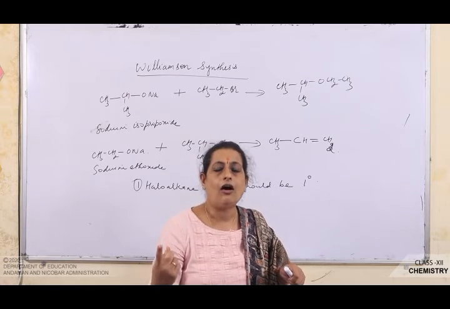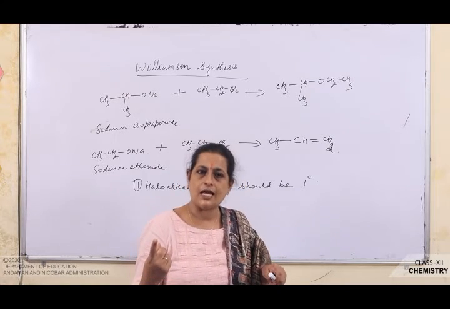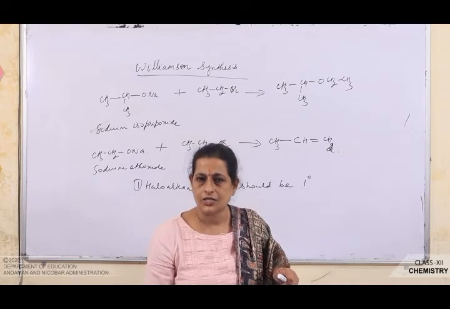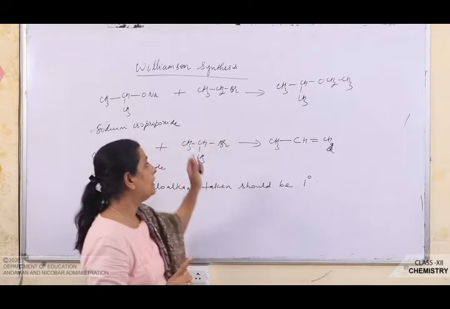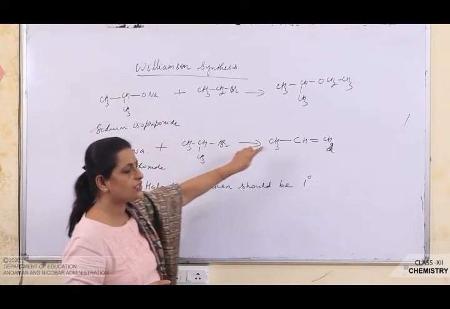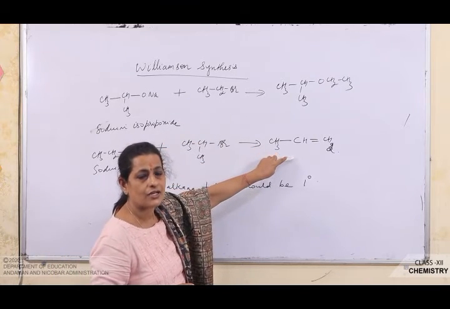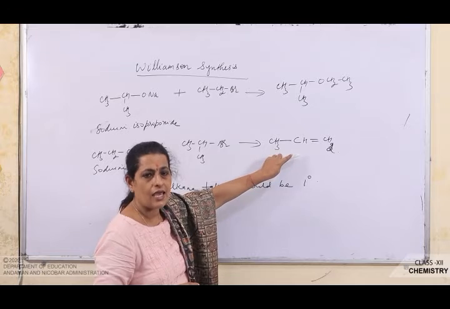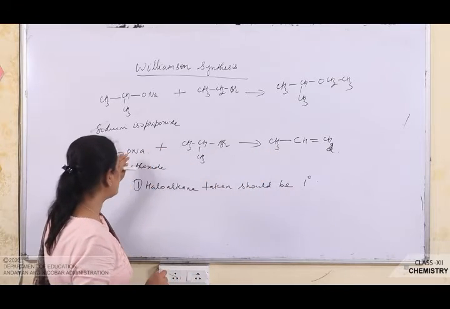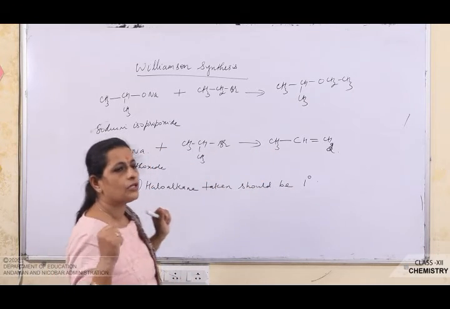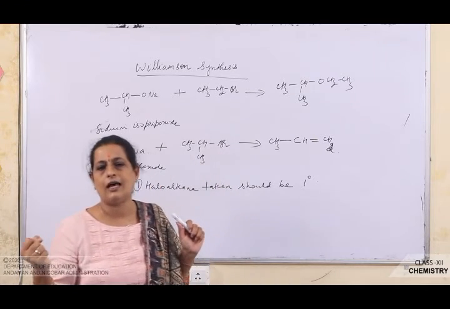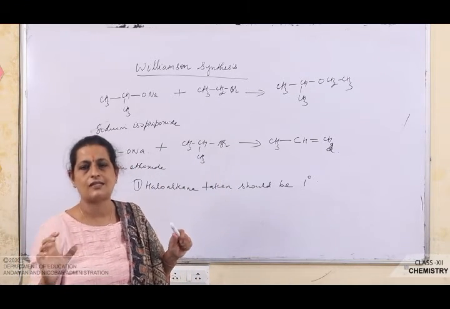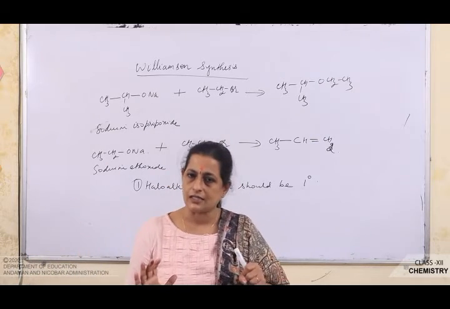The sodium salt of alcohol can be secondary or tertiary, but the haloalkane should be primary. If the haloalkane is secondary or tertiary, it undergoes elimination reaction to give you alkene as the major product, because in presence of a strong base the carbocation can be easily formed and it can easily lose a proton. So, that is the limitation of Williamson synthesis.